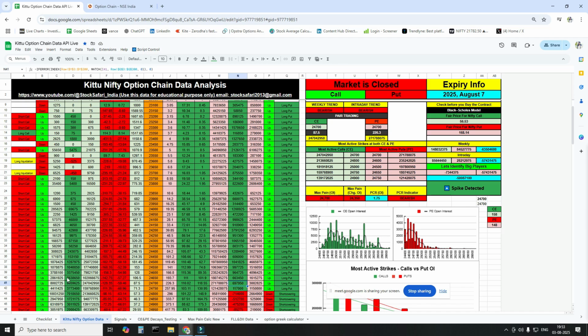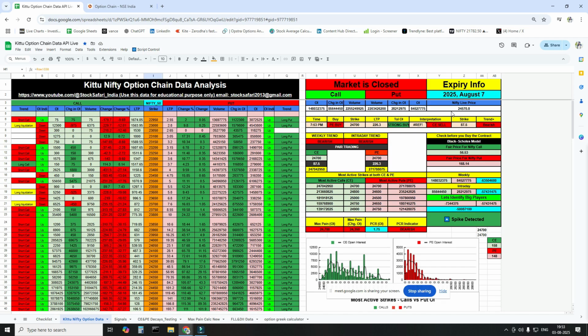Let us take one example here. As of now the market is around 24,570. For the 24,550 strike, we can see a short build up has been shown, which means the open interest has increased but the price has decreased. That means a lot of new option sellers are entering in these calls.